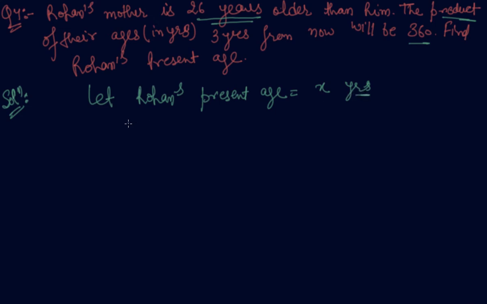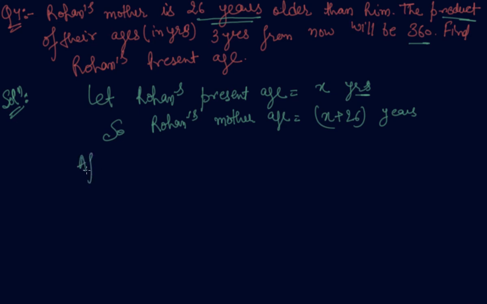Okay, so Rohan's mother's age will be x plus 26 years, and what we are also given is the product of their ages after 3 years.